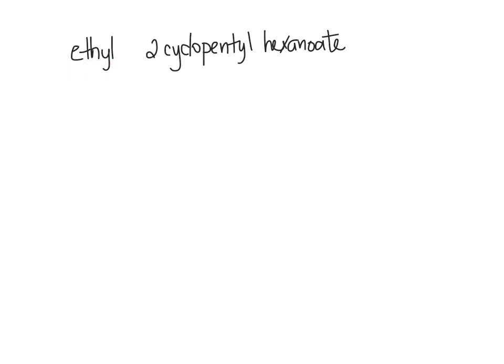Okay, looking at this name, the first prefix comes from the alcohol, so we know that it's 2 carbons long. We have another prefix, so that tells us that our longest carbon chain with a carbonyl group has a side group on carbon number 2, and it's a cyclopentyl group. And then the longest carbon chain with a carbonyl is 6 for hex. So the first thing you're going to do is draw out your hexanoate portion. So your 6 carbons.